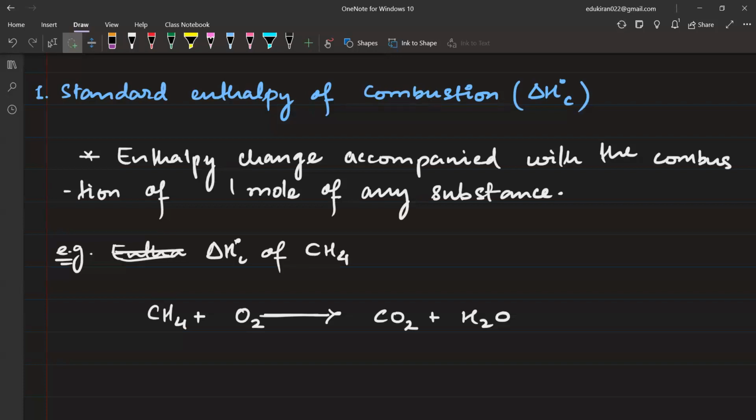Yes, Martin. Did you balance it? Yes, sir. What's the answer, Martin, after balancing? 4CH4 and then 4CO2.